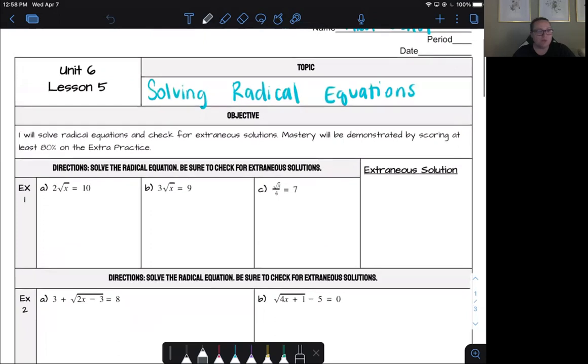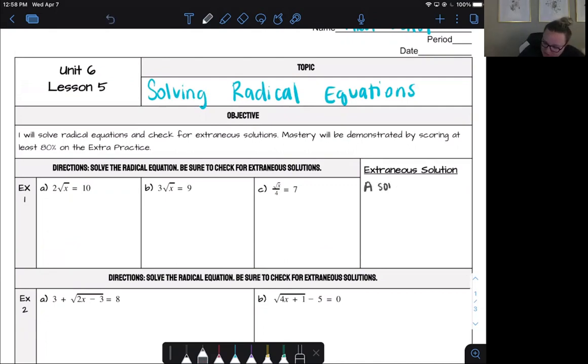So once again, we are going to be running into some extraneous solutions, which has happened throughout this school year. So we're no stranger to them, but we always have to check our answers and make sure that we don't have an extraneous solution. So just a reminder on what that is.